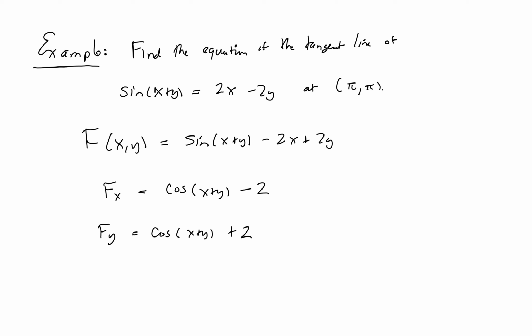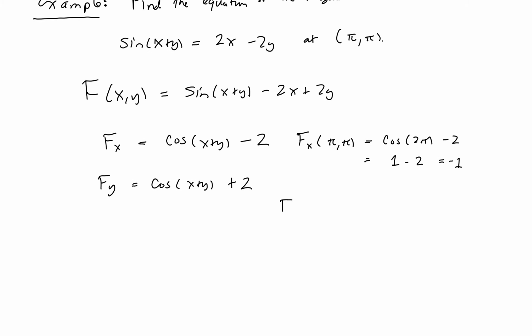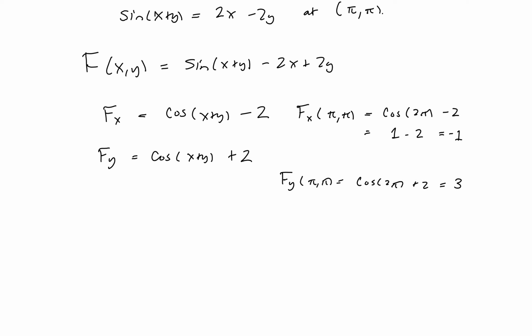Now I want to evaluate these at the point pi, pi, so f sub x is cosine of 2 pi minus 2, so this is 1 minus 2, which is minus 1, and f sub y at pi, pi is cosine of 2 pi plus 2, which is 3.